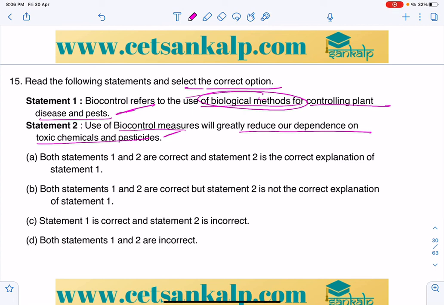Use of biocontrol measures includes biopesticides and microbial pesticides, which are natural agents, hence they control plant disease. So use of biocontrol measures will greatly reduce our dependence on toxic chemicals.